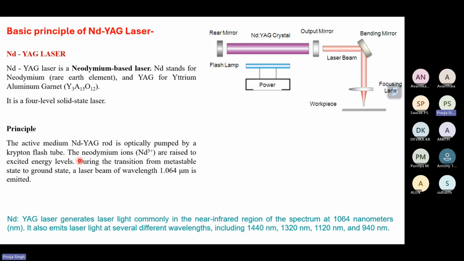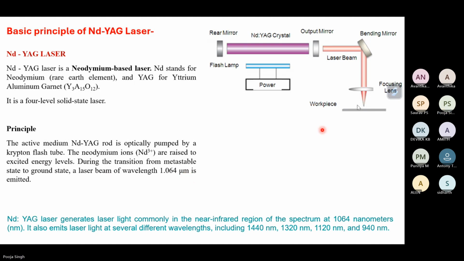What happens is the neodymium ions convert into the 3 plus oxidation state. Once it is in the 3 plus oxidation state, you have the transition from the ground to the excited state, and then it undergoes de-excitation to the metastable state, and then to the ground state. The laser beam will emit a photon that has a wavelength of 1.064 micrometer.